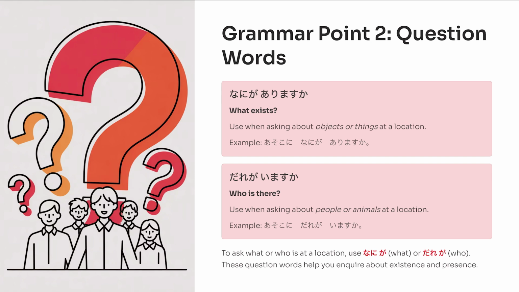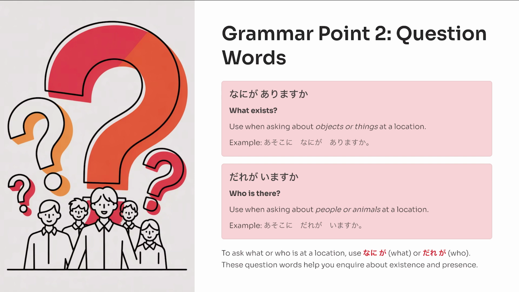The second question word is 誰, which means who. Since it refers to people, it is naturally used together with います. For example, あそこに誰がいますか? This means who is over there. Notice that both questions use the particle が.